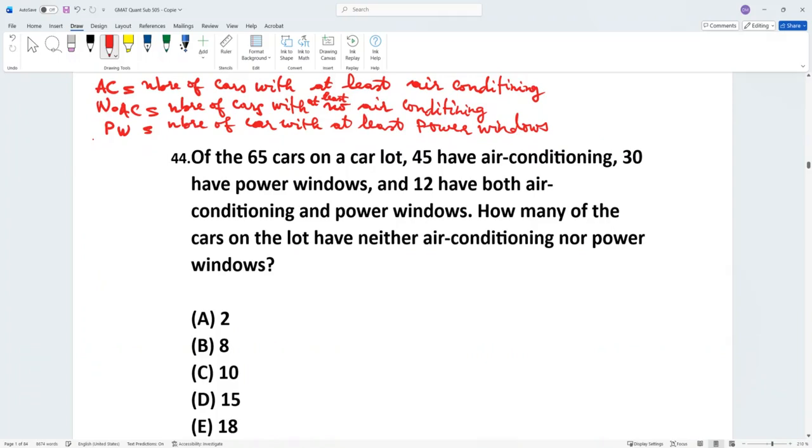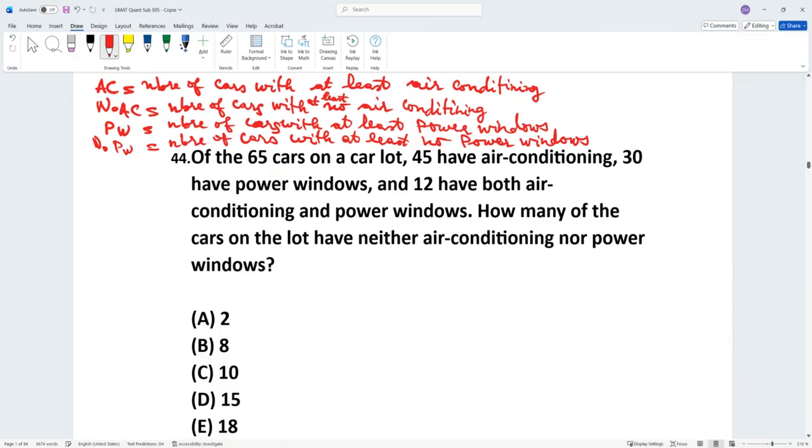And then no PW is going to be equal to the number of cars with no power windows.